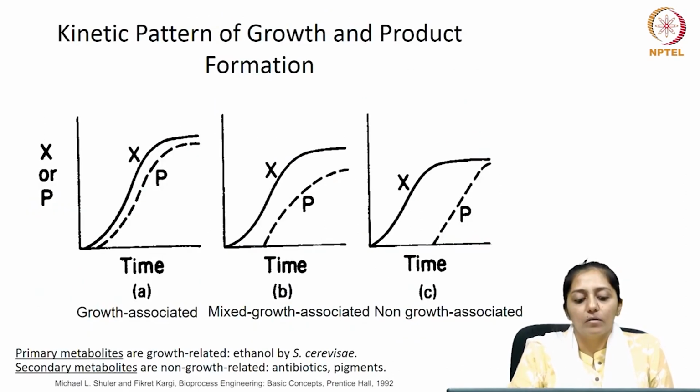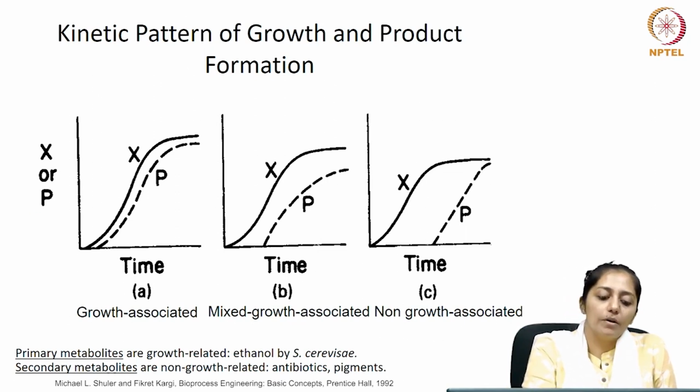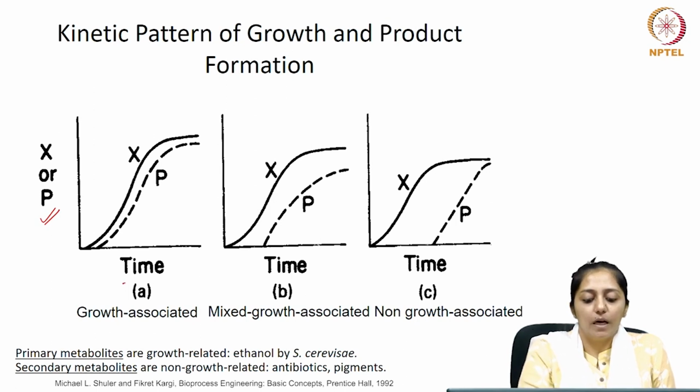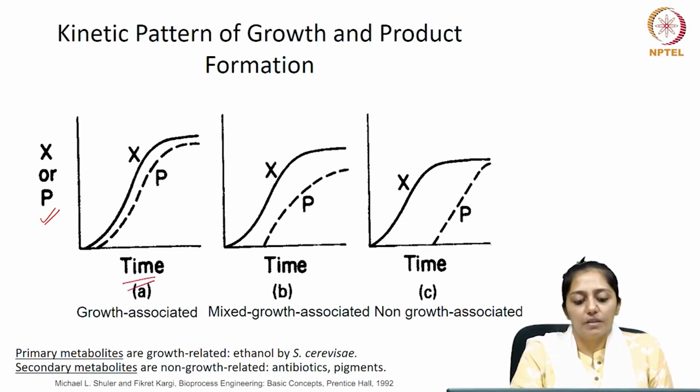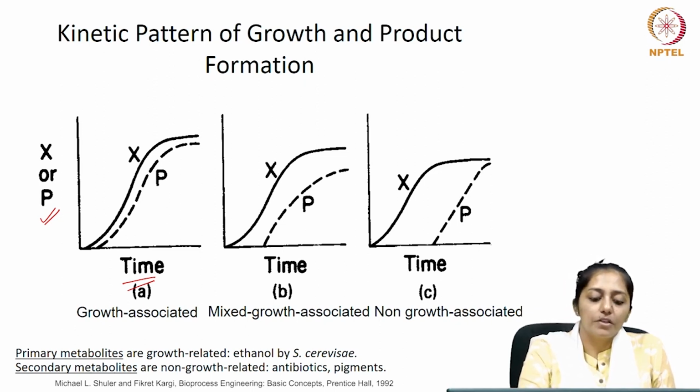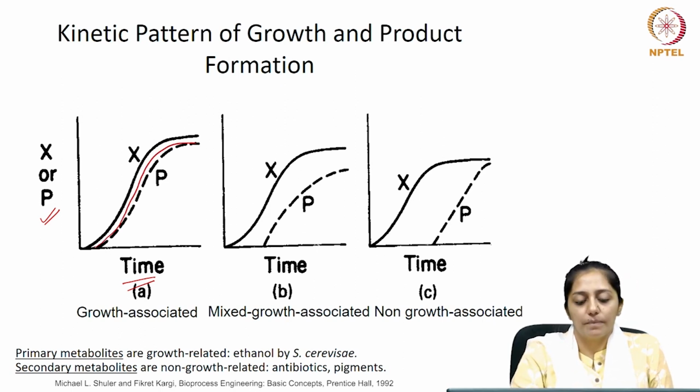So this is how, if you make a plot of the biomass or the product with respect to time in a batch culture, you may observe these different kinds of profiles. If you see profile A, the product concentration is changing, having the same trend as the biomass formation.